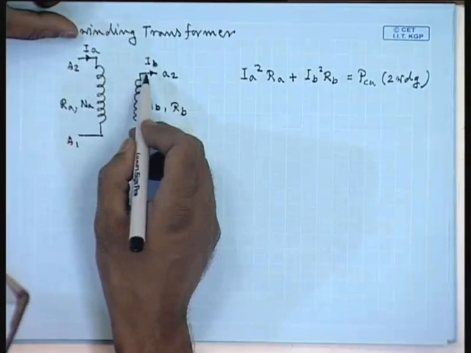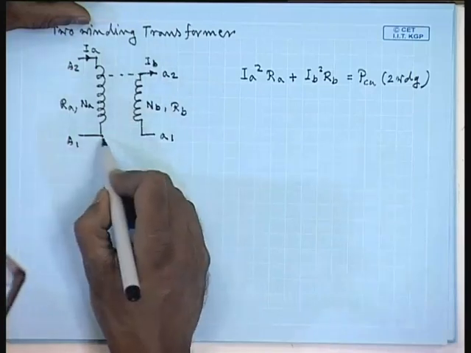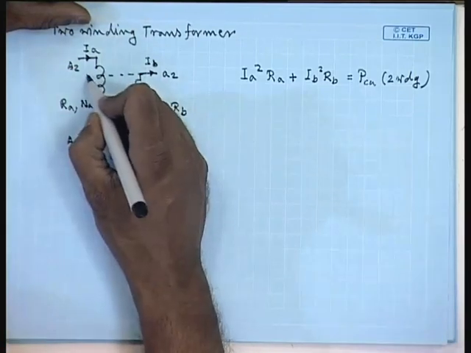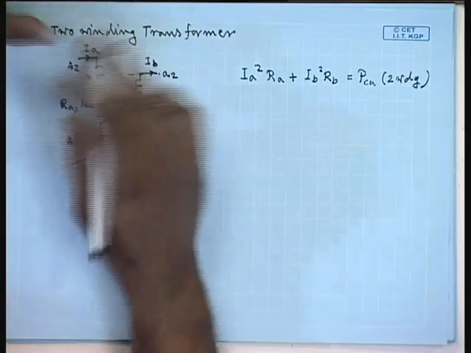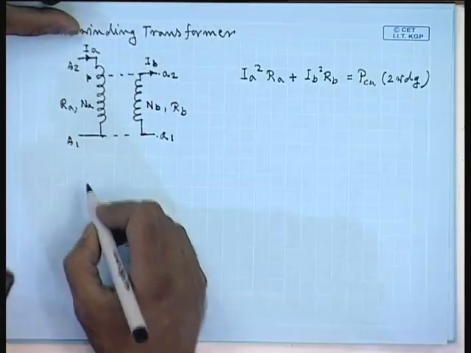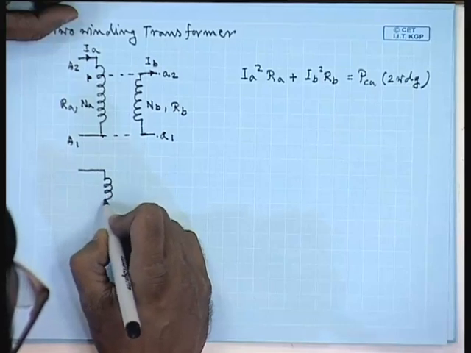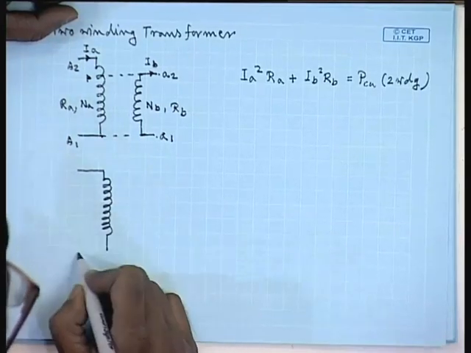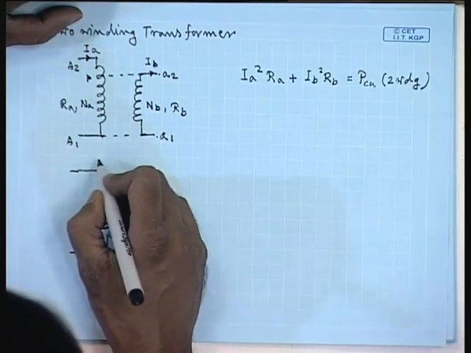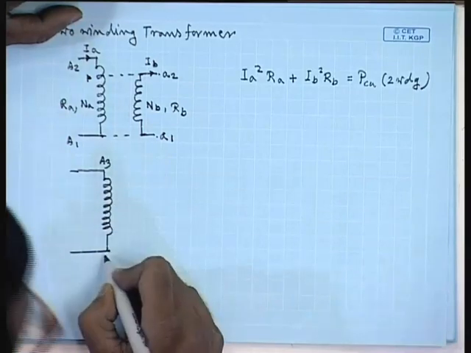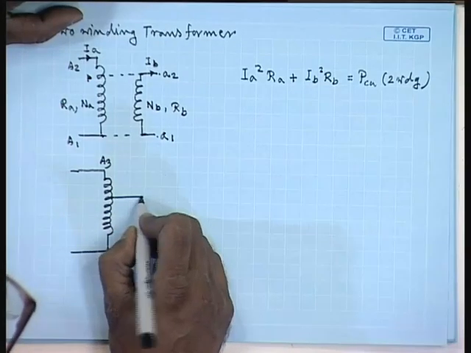Now, if we join these windings to form an auto transformer, we can join this point to this and this point to this, this tapping being the point where the voltage is same as the voltage between A2 and A1. Then the operation of the transformer does not change. At the same operating condition, now call it A3, A1 and A2.